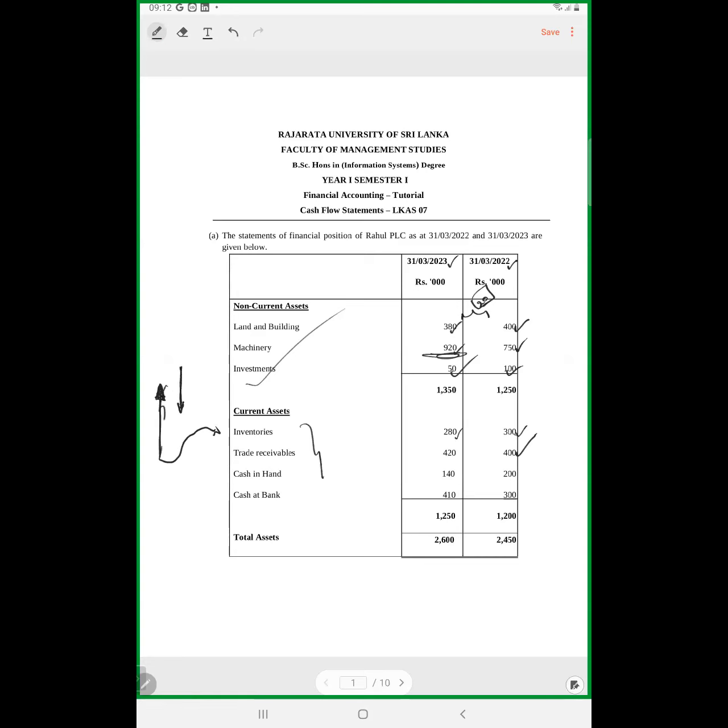It means the current assets value has decreased compared to the previous year. So what we should do is, it means the company has earned money. If current assets have gone down, we have to assume that the company is earning cash.